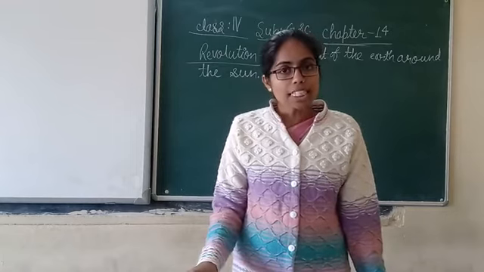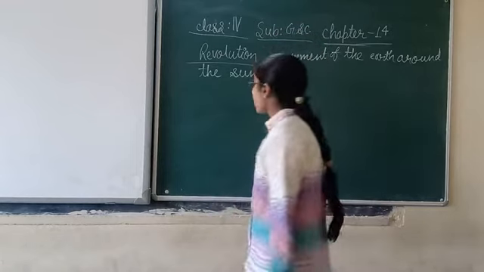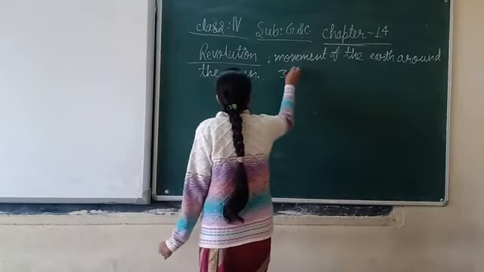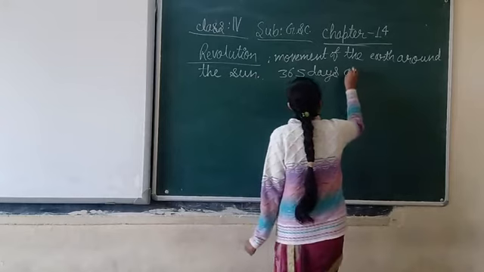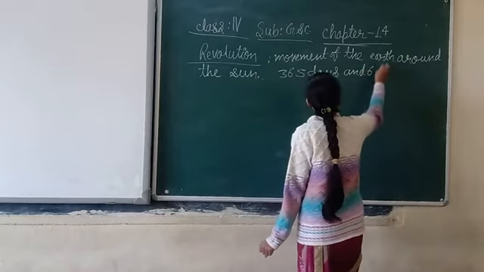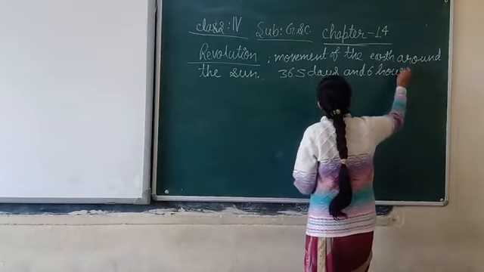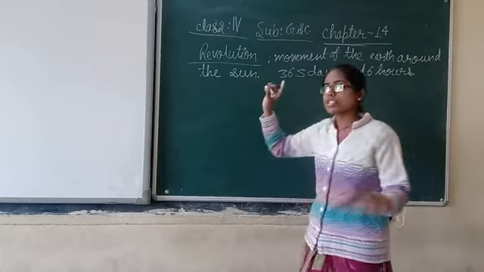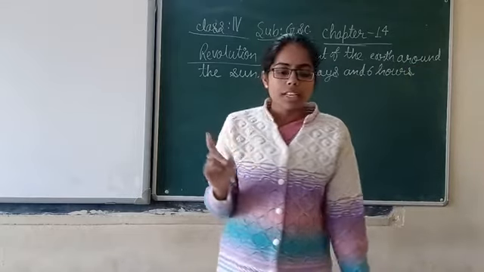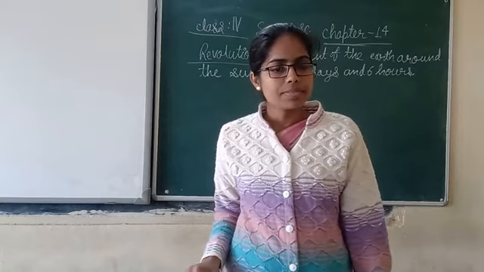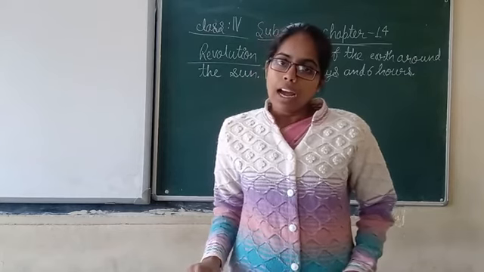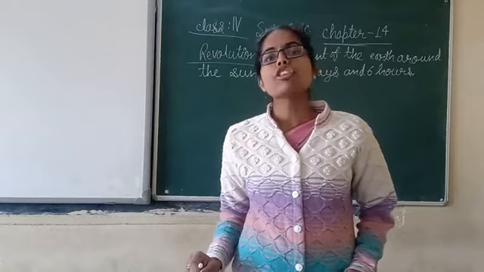The earth takes 365 days and 6 hours to complete one revolution round the sun. Clear?